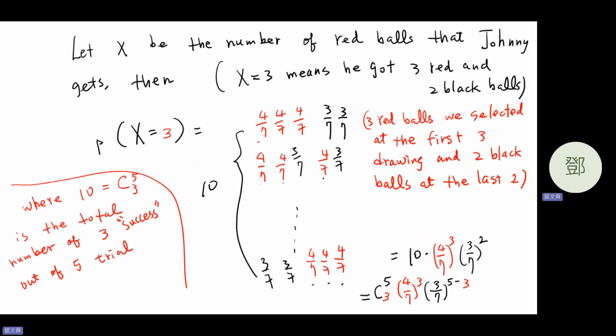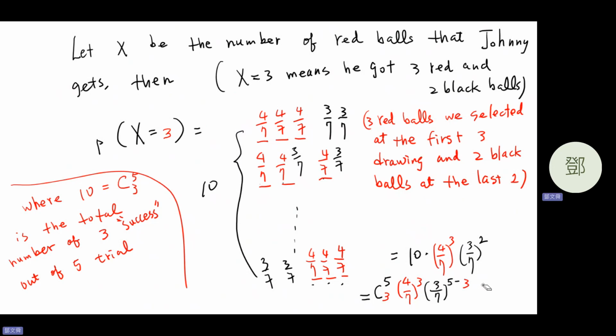You can succeed here, here, and here, or here and here and here. 10 possibilities, and so 10 is 5 choose 3. You choose 3 places from 5, to place 3 successes, to make 3 successes.